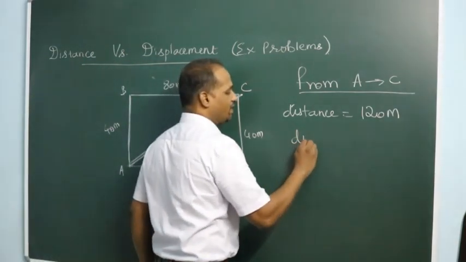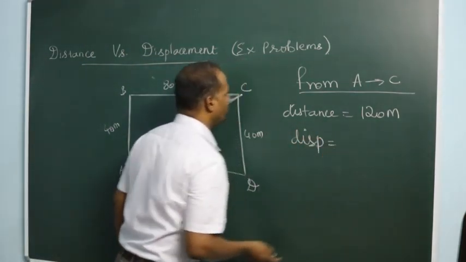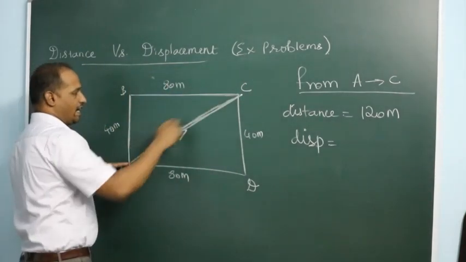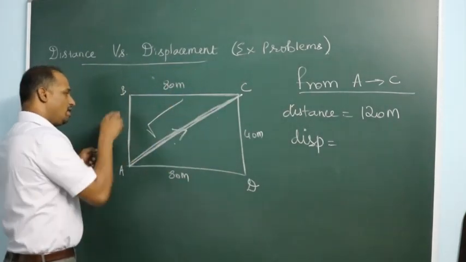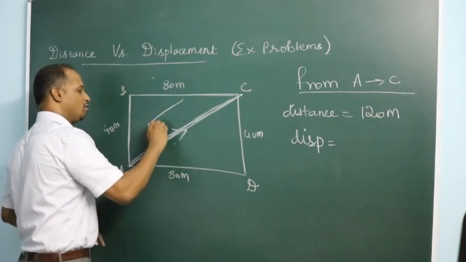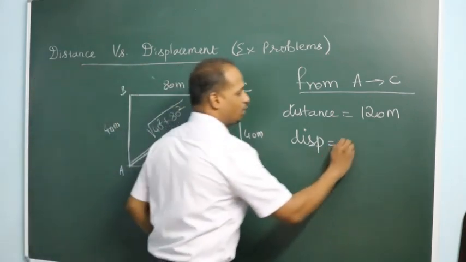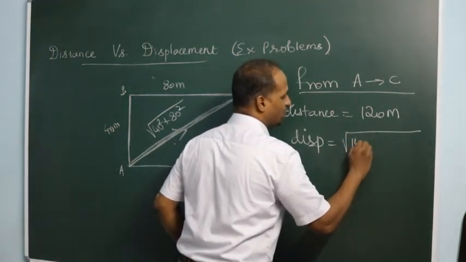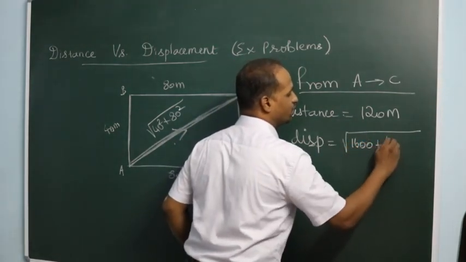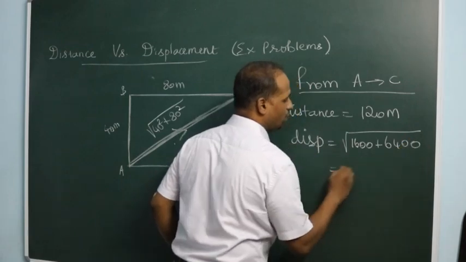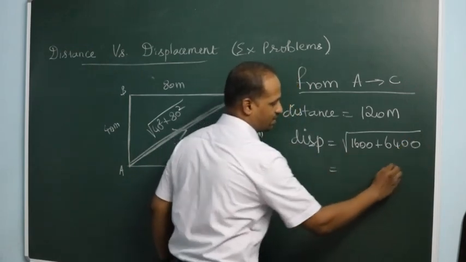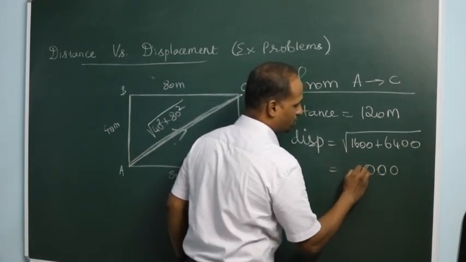So displacement here is, since it's a right angle triangle, the hypotenuse will be root over this side squared plus this side squared. So 40 squared plus 80 squared. So root over 40 squared is 1600 plus 80 squared is 6400. So you can write it as 8000.